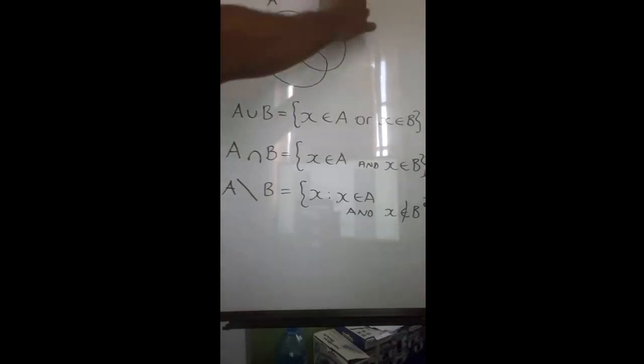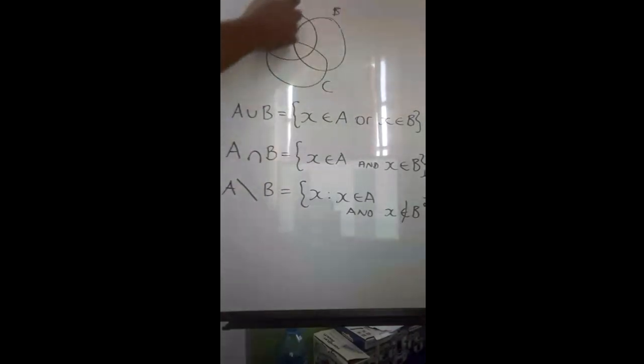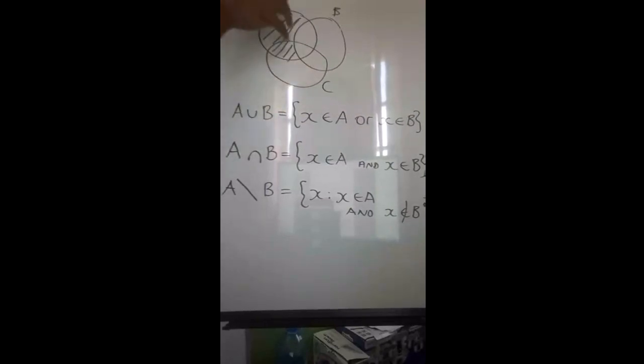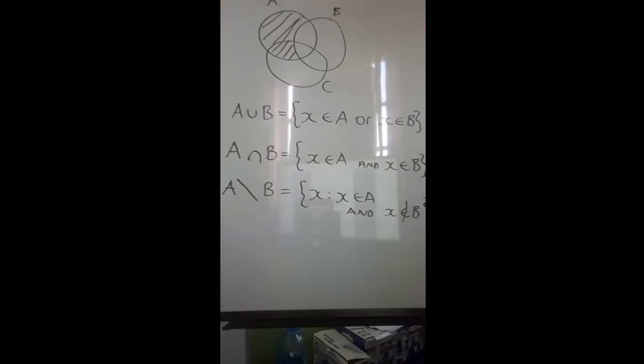So if you had the A here, the B here, and the C here, this is the B. It's everything that is in A, and in C as well, but not in B. It has to be in A. So it's not necessarily A only, but it's just not in B. So it's everything in A but not in B. So the diagram you just drew represents the complement of B relative to A. Right. Okay.